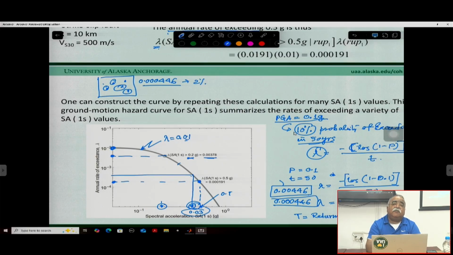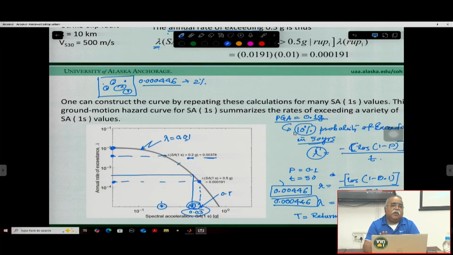I have given different spectral acceleration values for the different sites. So that is your spectral hazard map of the region. That is what we call the uniform hazard spectra. Uniform hazard spectra means we make it uniform. We are not giving different exceedance values at different sites at different rates.